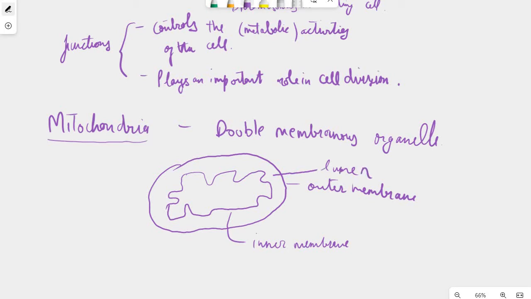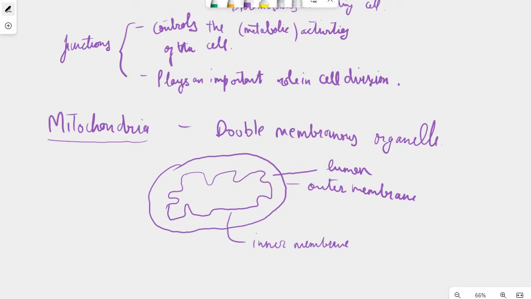So there's a lumen, L-U-M-E-N. It's also better to label the diagram on the right side, but you can label on any side if necessary. It's just a good practice we follow.